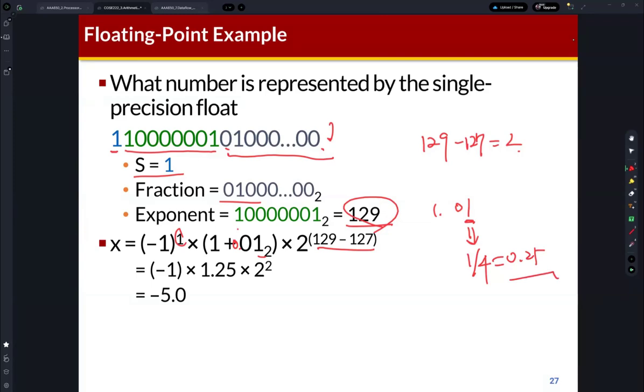So it's 1.25 multiplied by 2 to the power of 2, so it's minus 5. So for conversion, we can convert floating point to decimal or decimal to floating point based on the IEEE floating point definition, right?